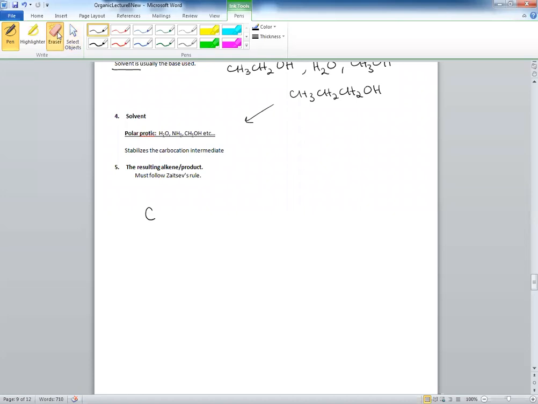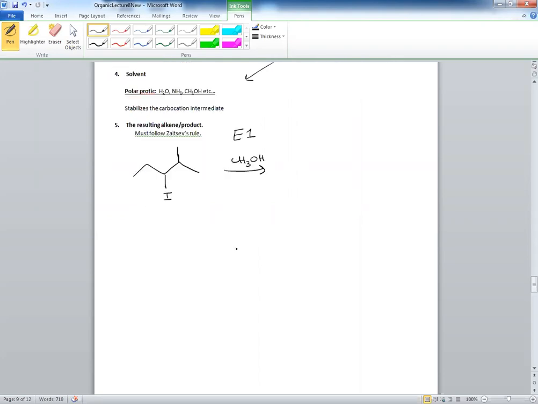So in this case, if we have an example, and again, if I'm only paying attention to the E1 reaction, then I would carefully investigate where would my alpha carbon be, and it's right there.